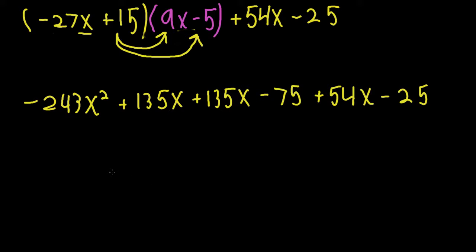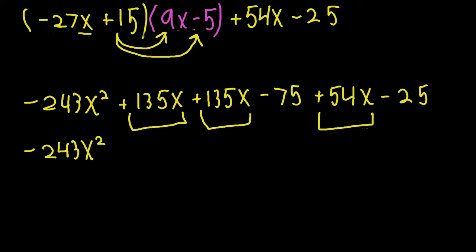I have no other x squared term, so I write negative 243x squared. Now I have 135x plus 135x plus 54x, which will get me a plus 324x.